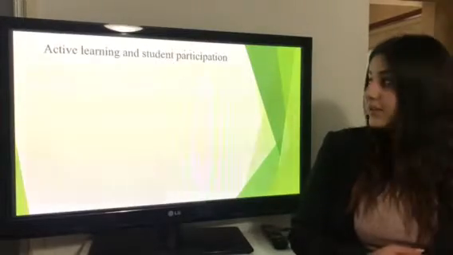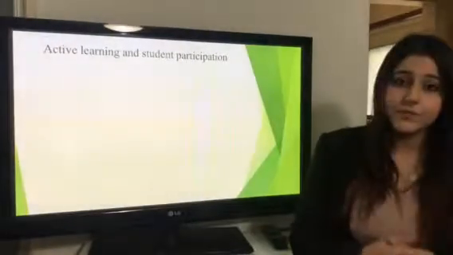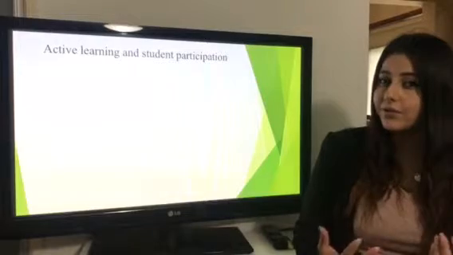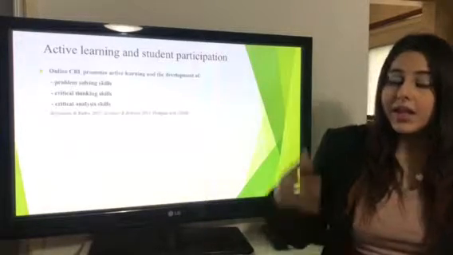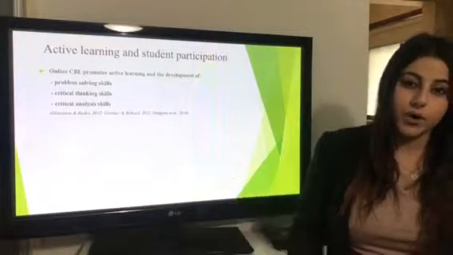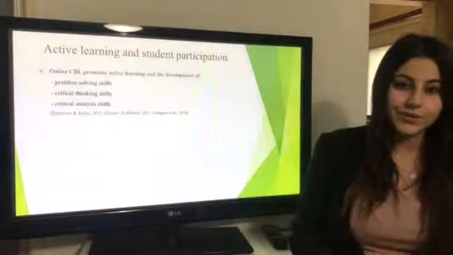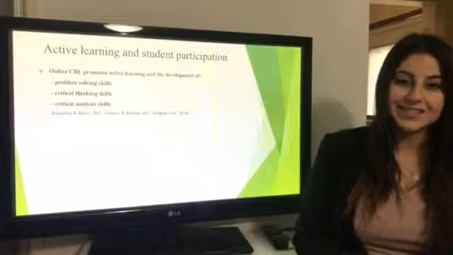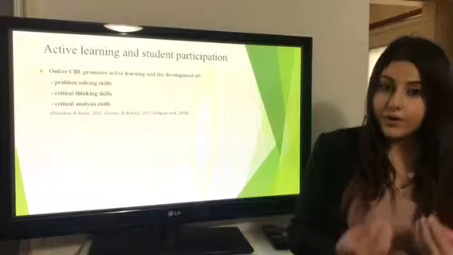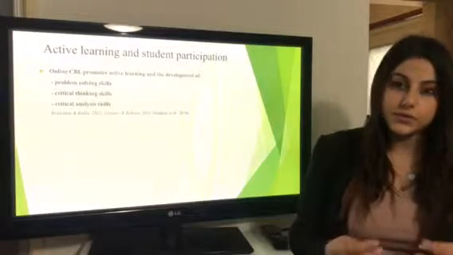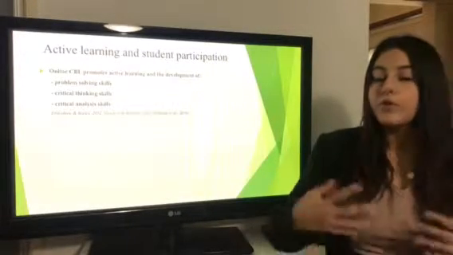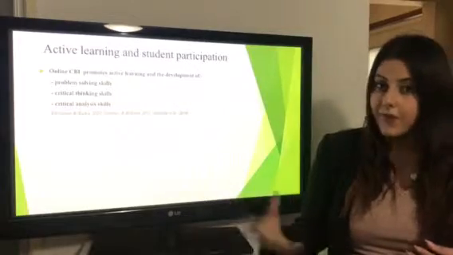Now, in terms of the effect of active learning and their participation, active learning is known to promote critical thinking skills, problem solving skills, and critical analysis skills. These are all great transferable skills, not just for their degree, but also moving on to their careers after the fact.